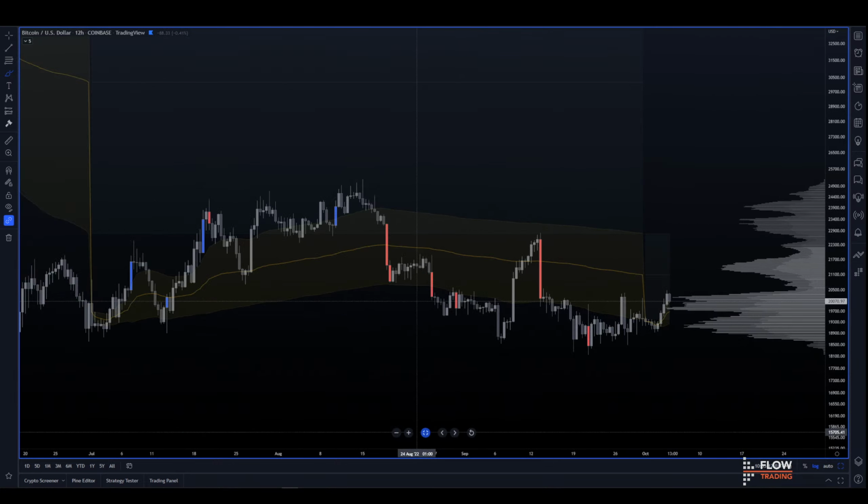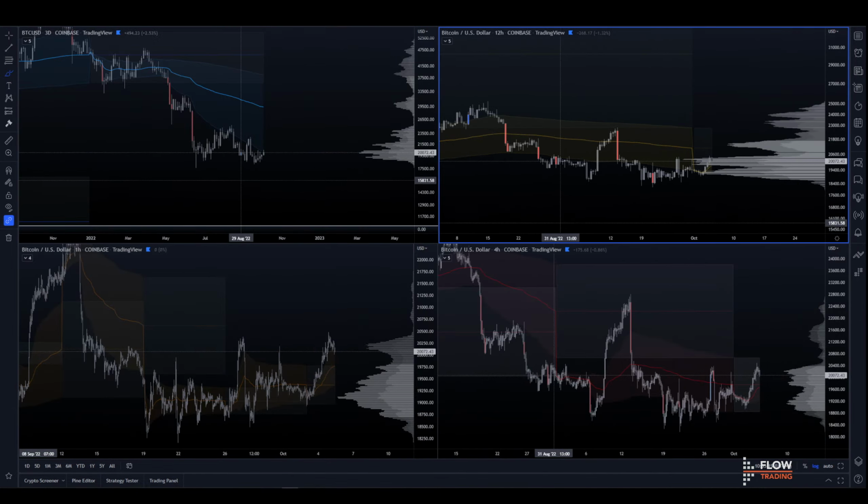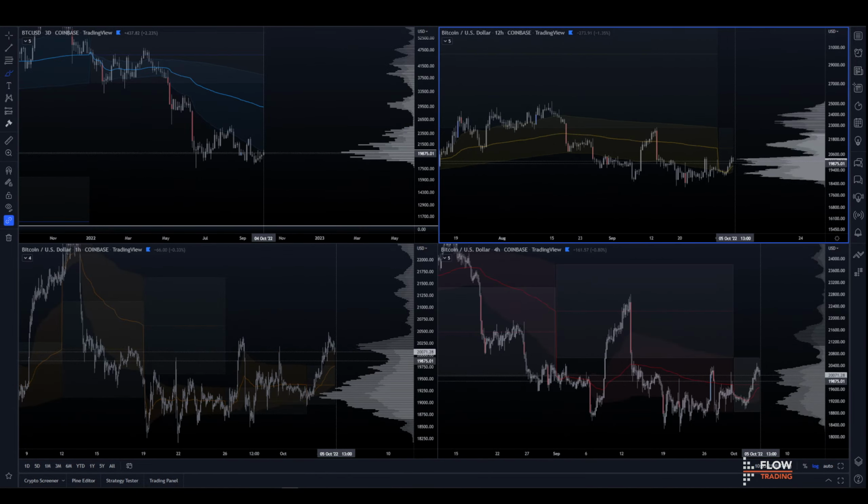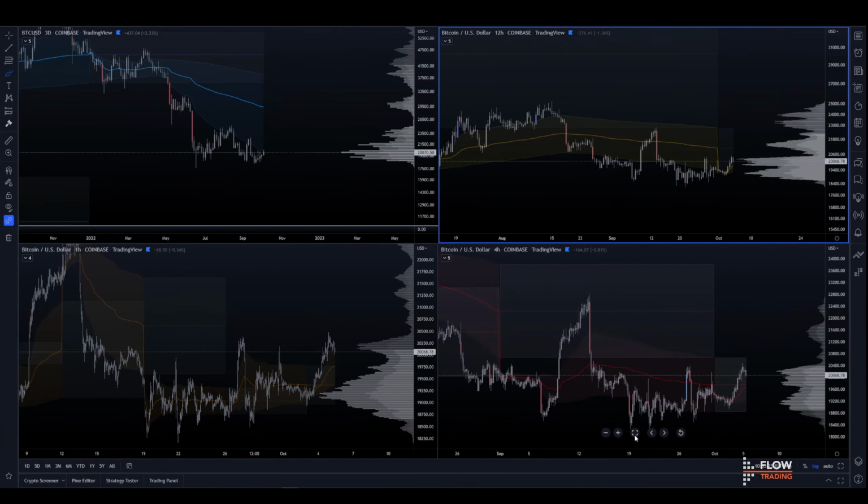So let me just go back onto all the time frames together. So we're rotational inside the previous quarter. We're rotational inside the previous month here on the bottom right. Okay, and I just want you to pay attention to this particular level here. In fact, I'm going to do it here on the bottom left.